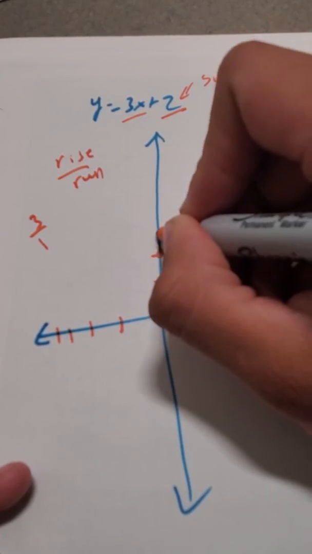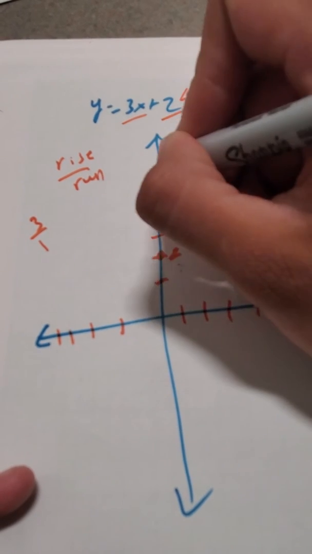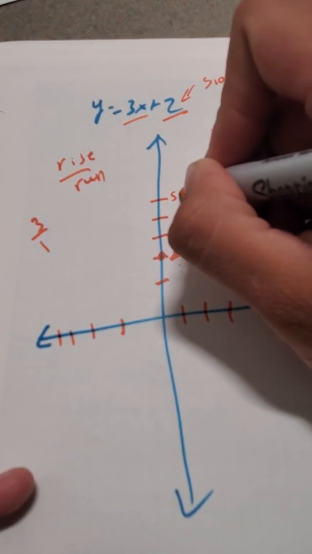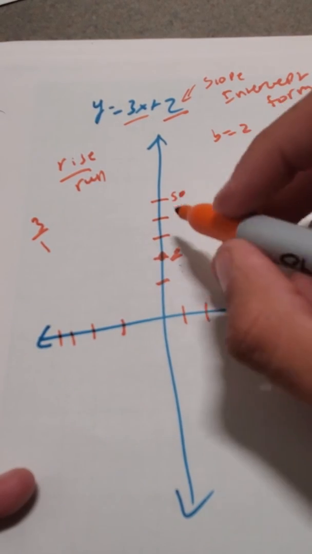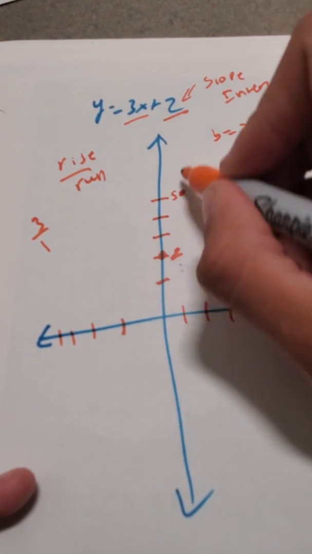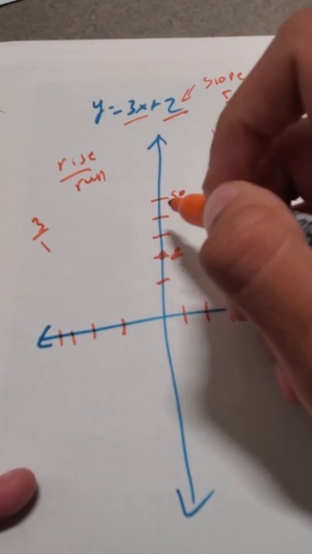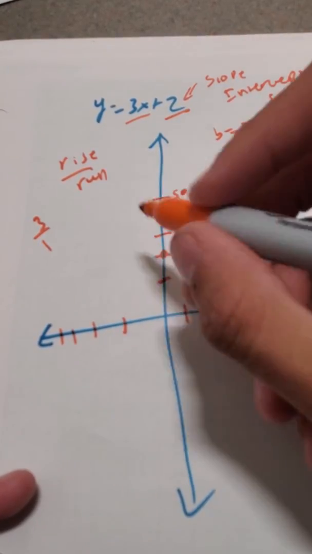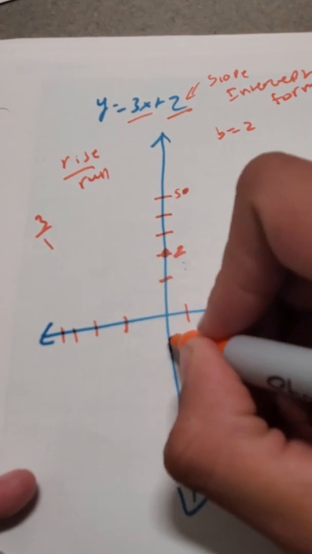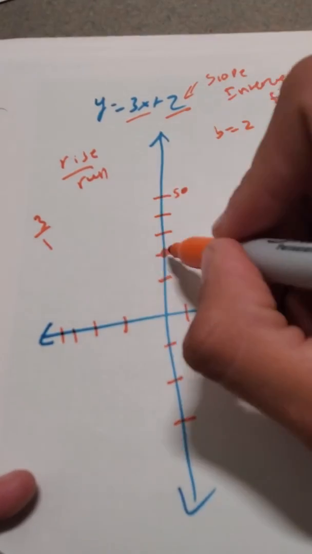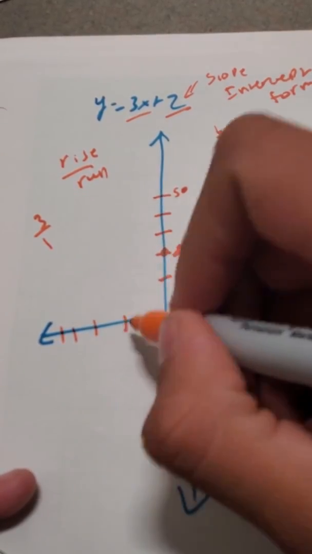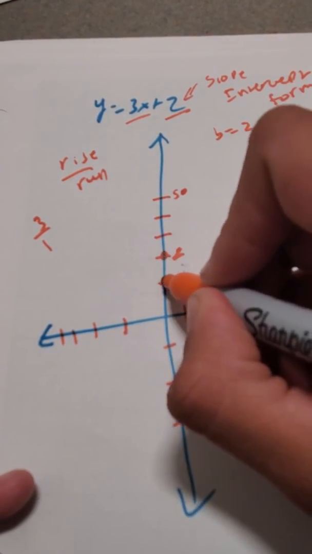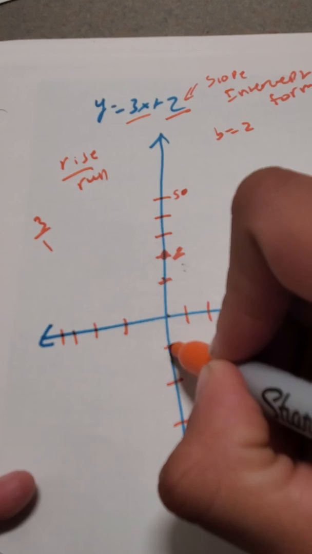So from 2 we go to 5, 1, 2, 3, and over 1. We can also go down, and that's enough, but the more points you have, the more accurate the graph is. I feel comfortable with 3 typically. So we could always go down 3 and to the left 1. It still gives us the slope of 3.